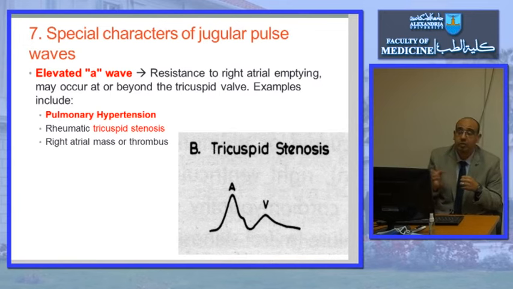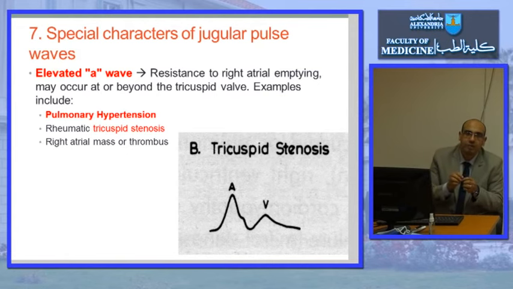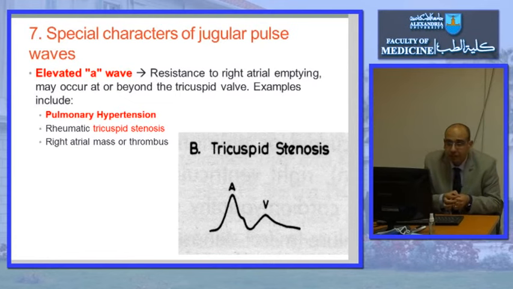The same concept applies in tricuspid stenosis. In tricuspid stenosis, it means that the valve is not opened correctly. It is not opened enough. So the atrium will contract against a stenosed valve.